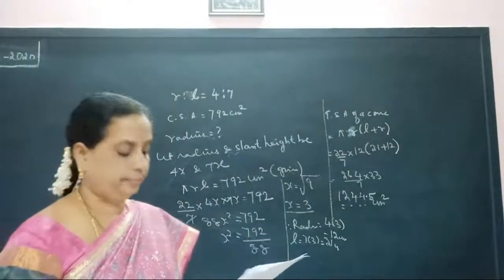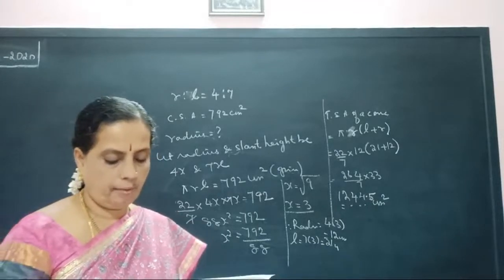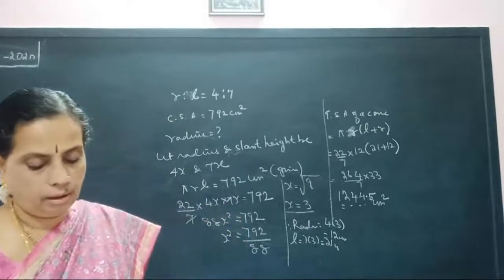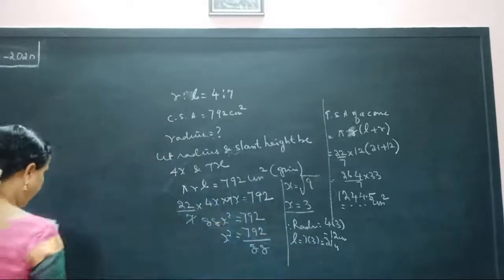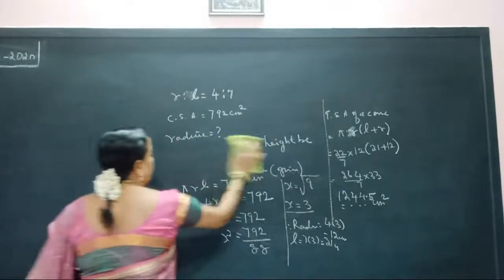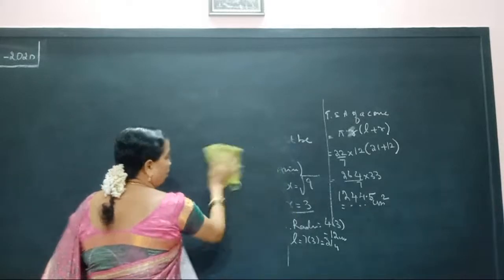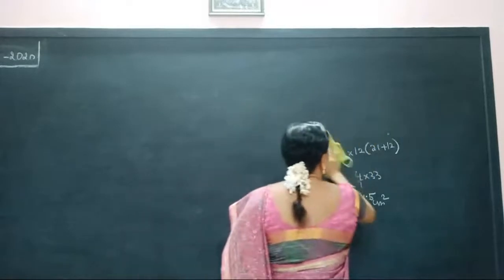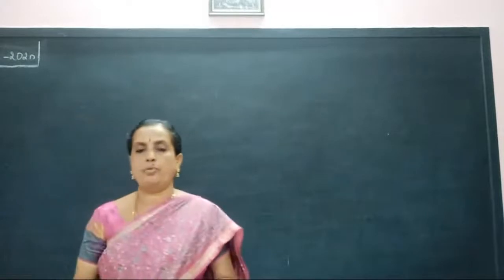Is it clear? Question number 11, this also is not done. Find the total surface area of a cone if its slant height is 9 meter and the radius of the base is 12 meter. Apply the formula: total surface area of the cone is pi r L plus pi r square.